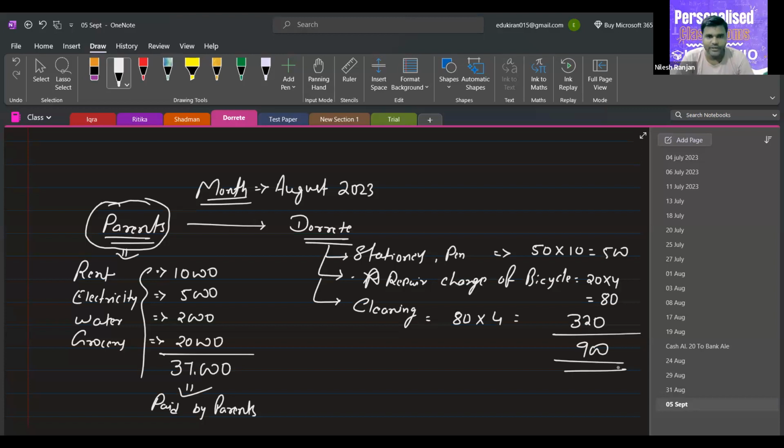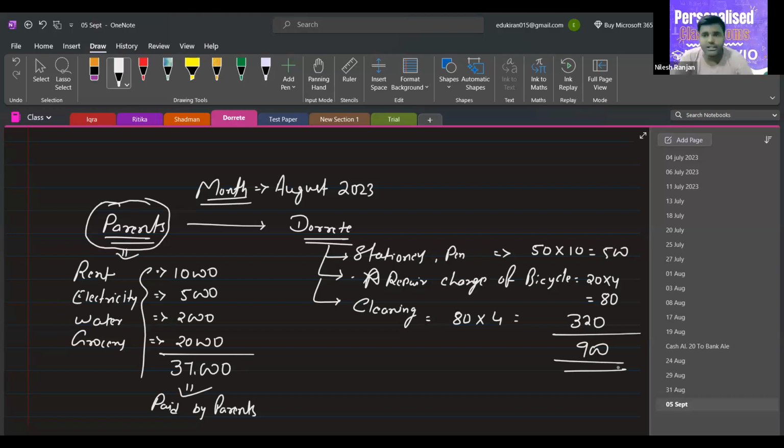Okay, so I told you there were some expenses which are very low in amount, like stationery. It is 50 rupees each time you purchase it, and in a month you have purchased it 10 times. So total 500 for stationery. Next is repair charge of bicycle.